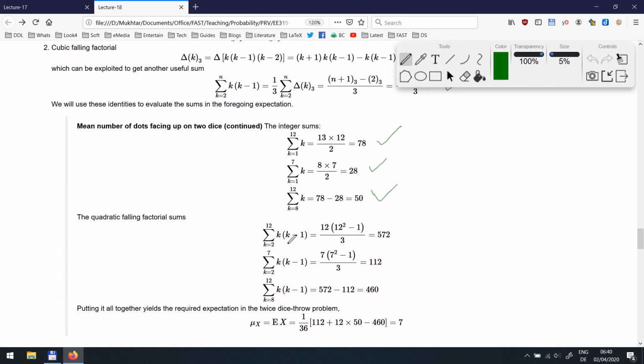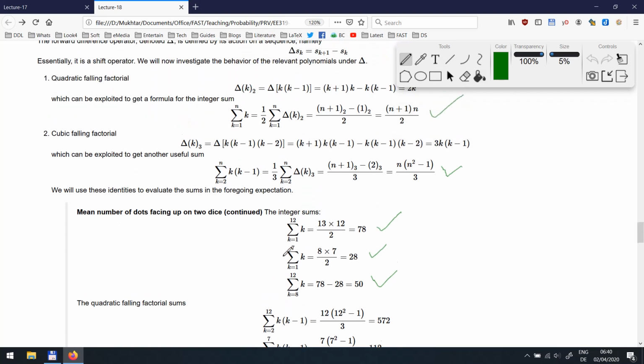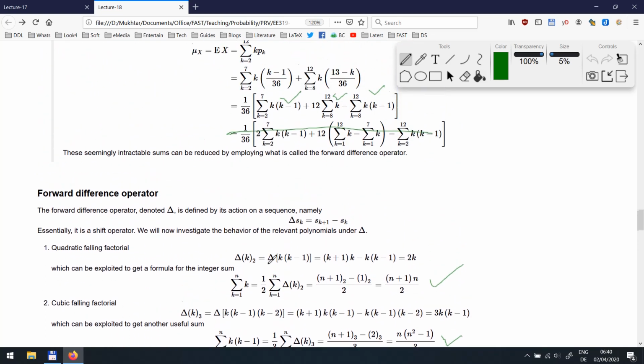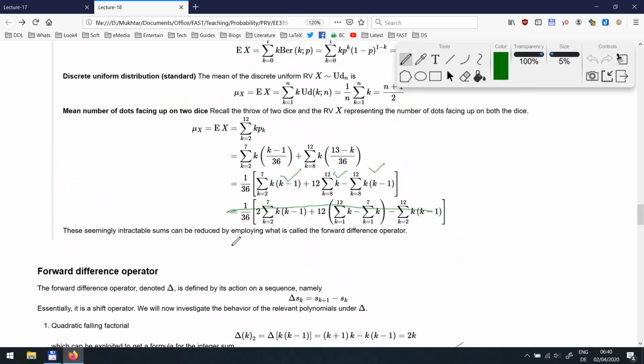Same goes with this. The sum of those falling factorials from 2 to 12 is this. From 2 to 7 is this. Subtract these two, you get from 8 to 12. You must also be wondering why this summation is from 2 and not from 1, because if you put 1 there, k minus 1 will be 0, so you are adding 0. That will not change anything.